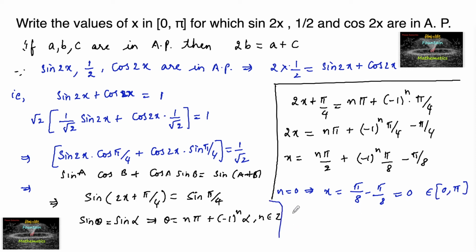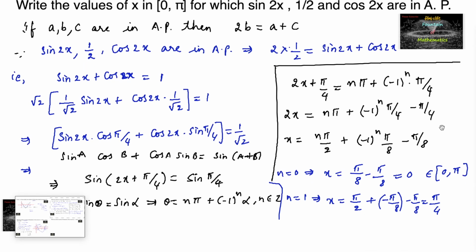Now we can take n is equal to 1. So x is equal to pi by 2 plus (minus 1) whole power 1, that is minus pi by 8, and again minus pi by 8. So pi by 2 minus pi by 8 minus pi by 8, that is pi by 2 minus pi by 4, which is equal to pi by 4. This also belongs to the interval 0 to pi.